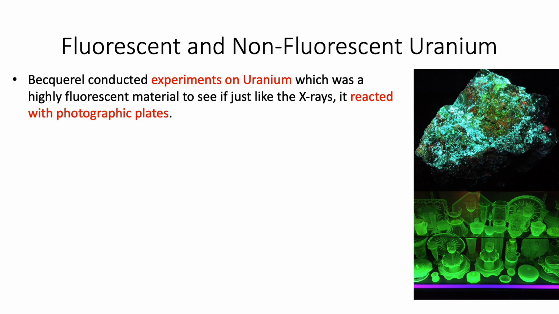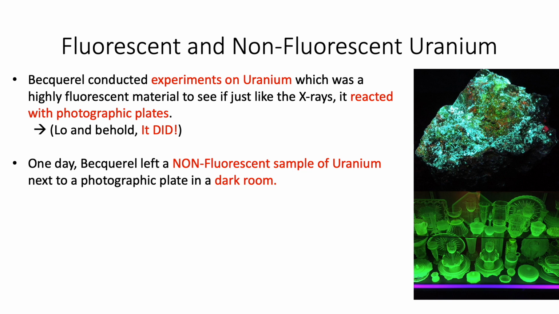And Becquerel conducted experiments on uranium, which was a highly fluorescent material, to see if it was just like the X-rays. So he tested to see whether the fluorescent uranium actually reacted with photographic plates, and lo and behold, it did. However, one day, Becquerel left a non-fluorescent sample of uranium next to a photographic plate in a dark room.